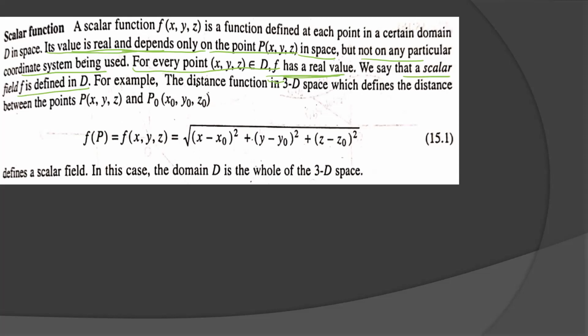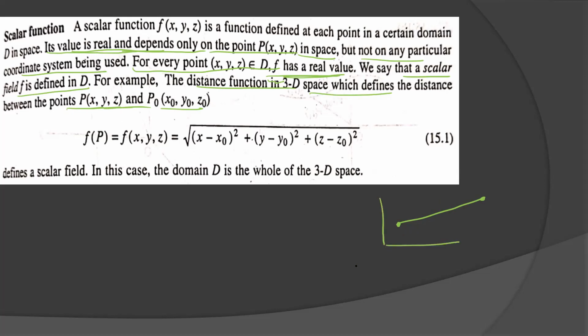For example, if we take the distance in 3D space between the point P(x, y, z) and P0(x0, y0, z0), then this distance function defines a scalar field. The domain D I am taking as 3D space.